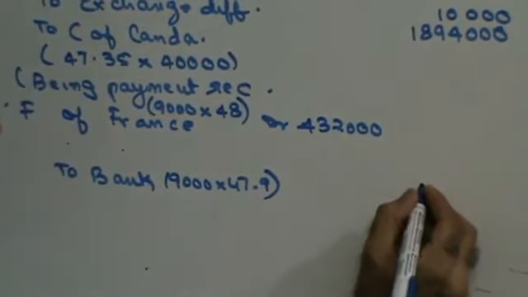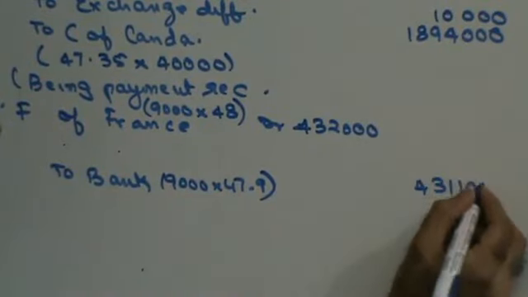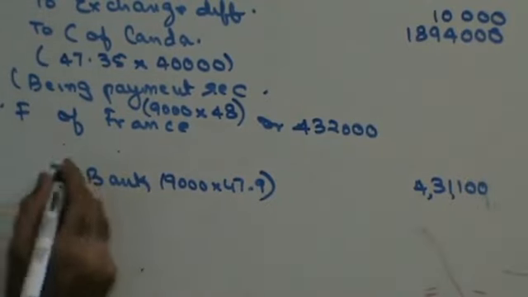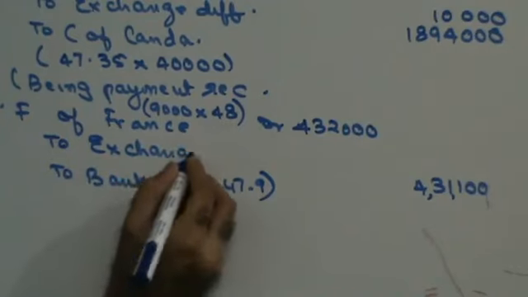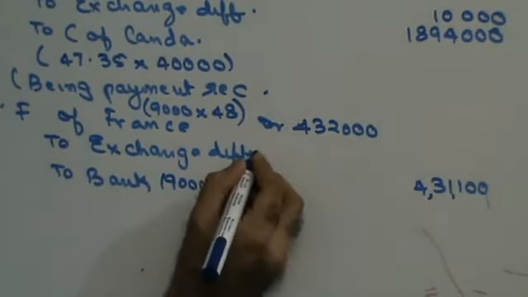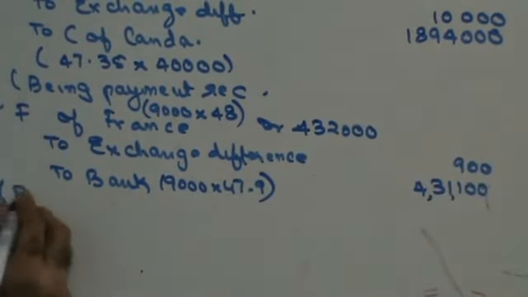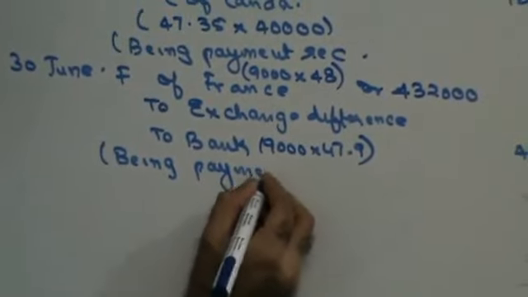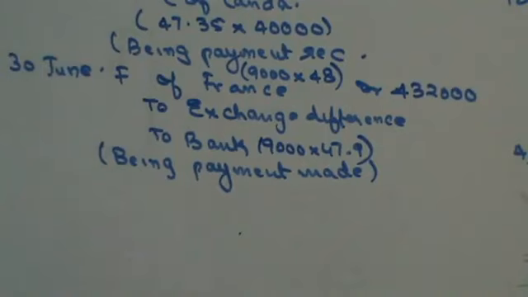And this is 4,31,100. The difference is going to be exchange difference, 900, being payment made. Right? That was 30th June.